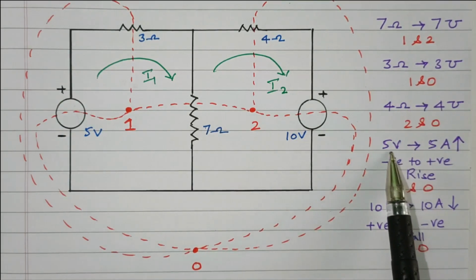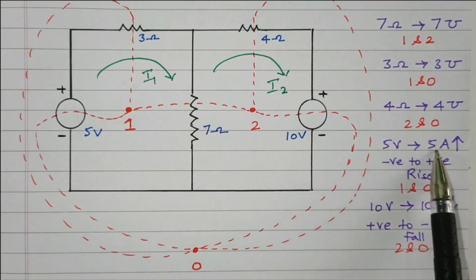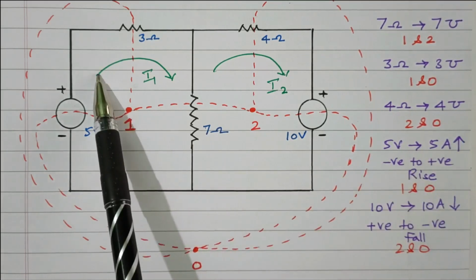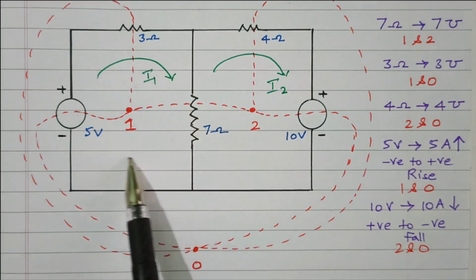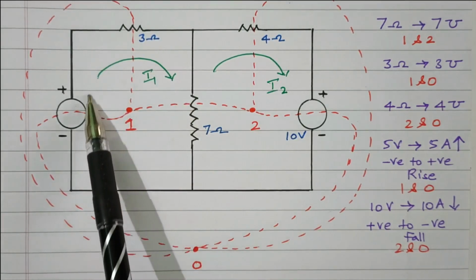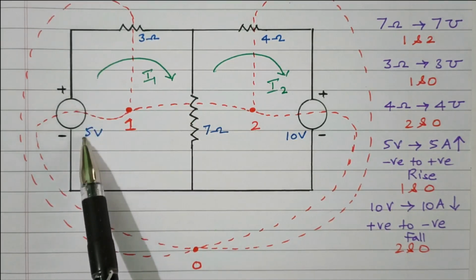Similarly, the 5 volt voltage source is converted into a 5 ampere current source, right? Now the polarity: what is the rising polarity? See the current direction. Current is flowing in the clockwise direction, going from the negative terminal to the positive terminal. Negative to positive means voltage rise, right?